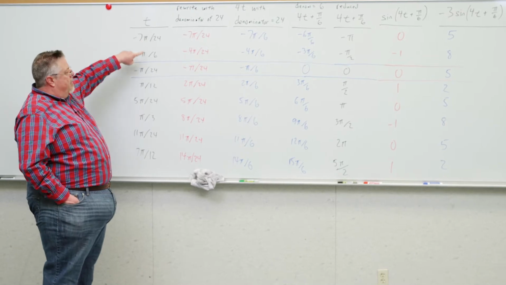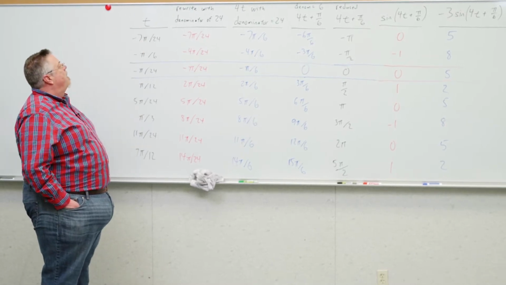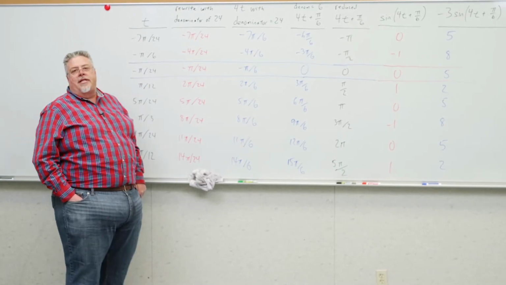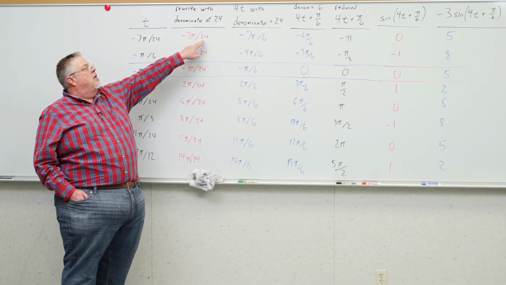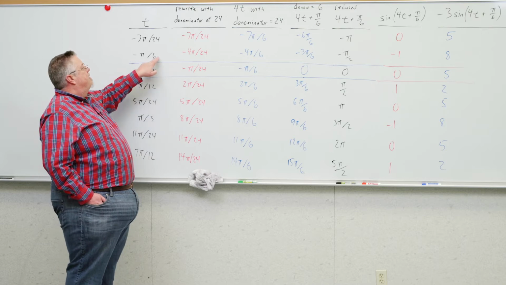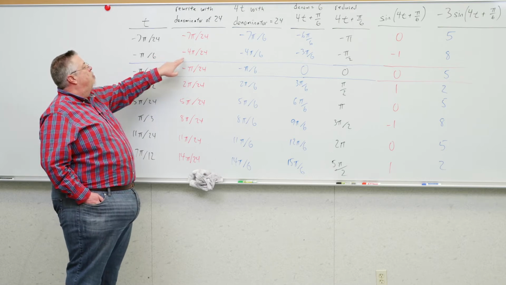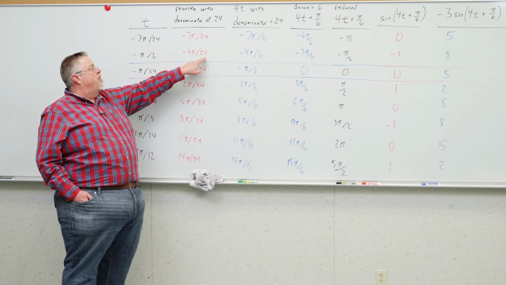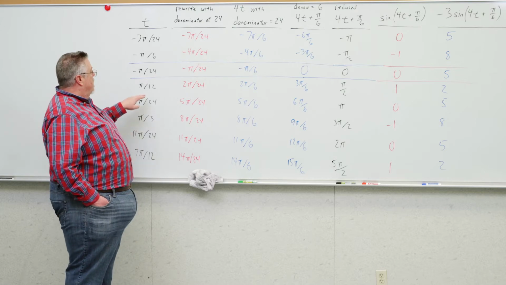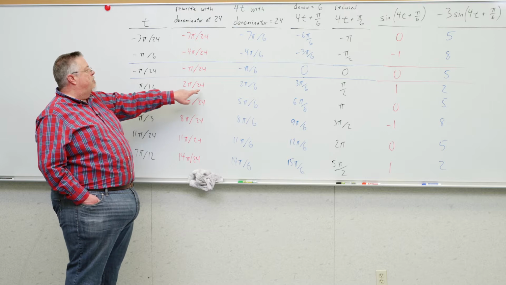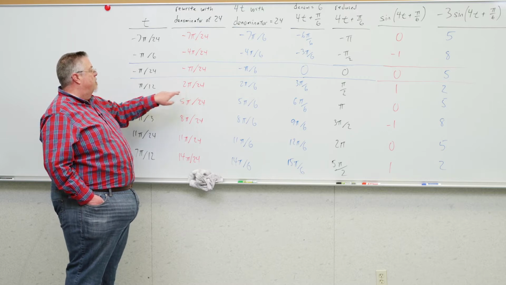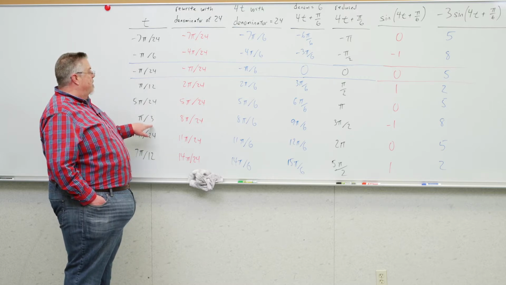So you wrote down the values of t, and then I wanted to write these down with a common denominator of 24. So if it already had 24 in the denominator, we're good. If it had 6 in the denominator, you had to multiply the numerator by 4 to multiply the denominator by 4. If your denominator was 12, you're going to have to multiply the denominator by 2, so you multiply the numerator by 2. Here your denominator was 3.